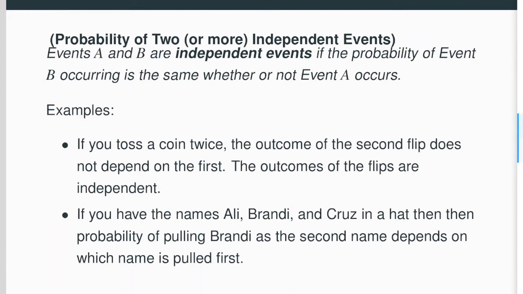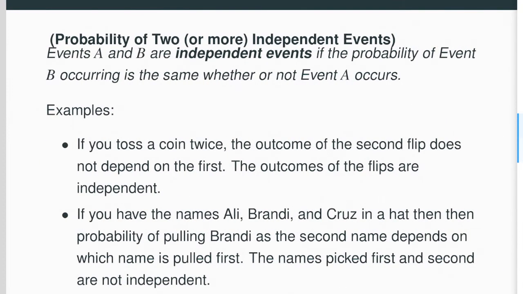So if we have Ollie, Brandy, and Cruz, their names are in a hat, and we're looking at the probability of pulling Brandy second, well, that depends on whether we pulled Brandy first or not. If we already took Brandy's name out of the hat, then there is a 0 probability that we'll pick her second. So the first name chosen from the hat and the second name chosen from the hat are not independent of each other.